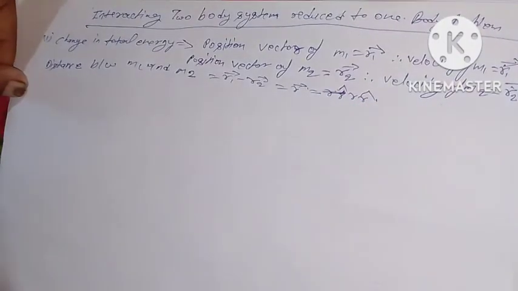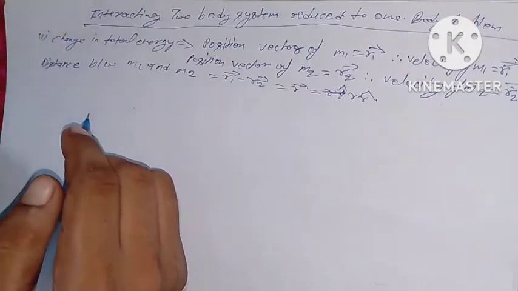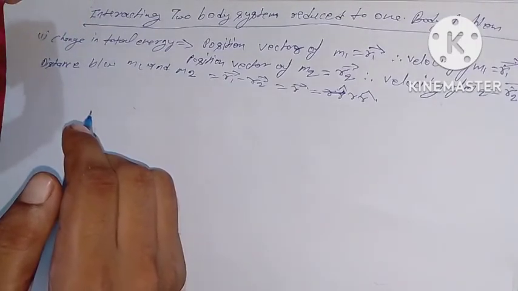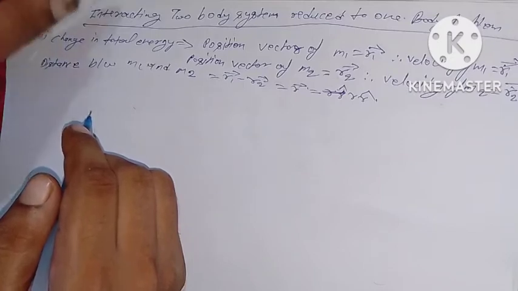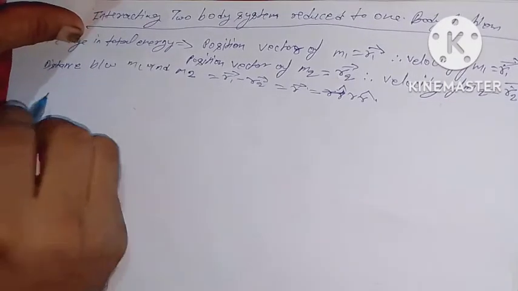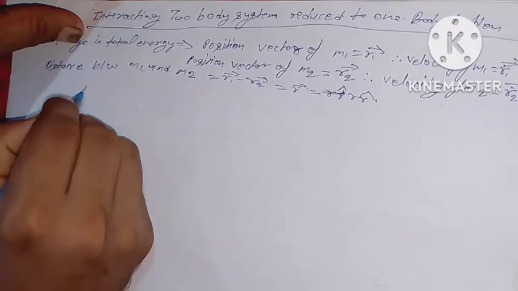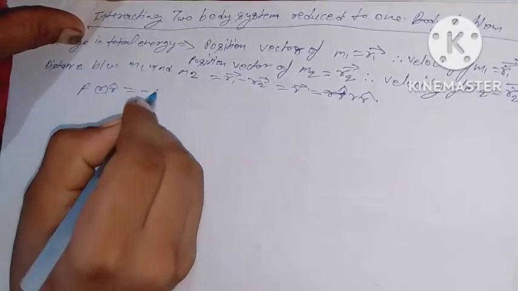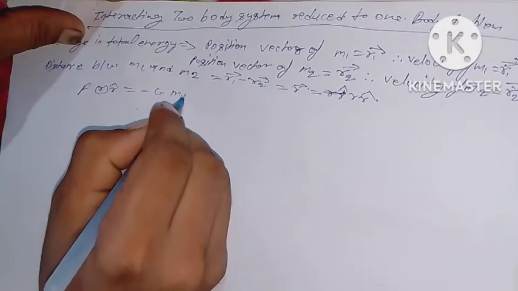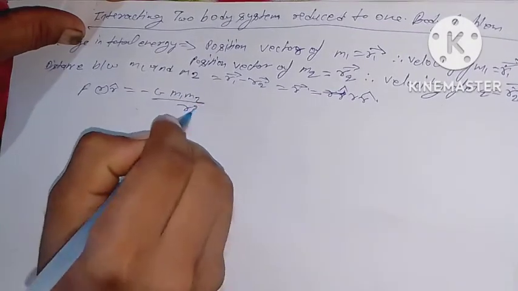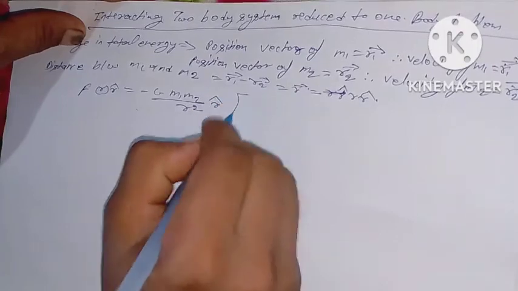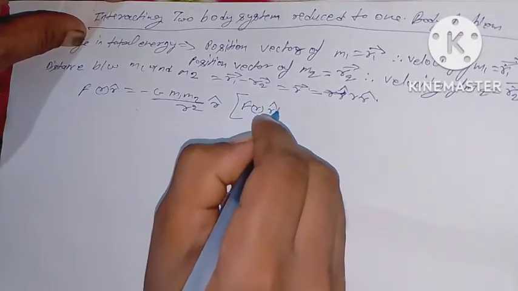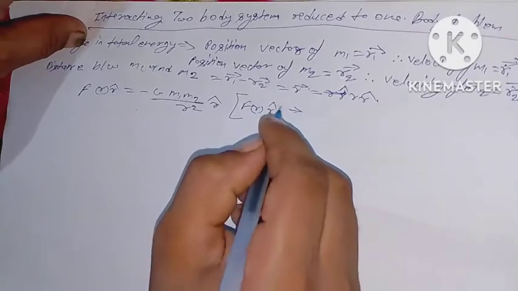The gravitational force of attraction F(r) unit vector r between the two masses m1 and m2 is given by F(r) unit vector r equal to minus G m1 m2 upon r square unit vector r, where F(r) is the gravitational force of attraction.